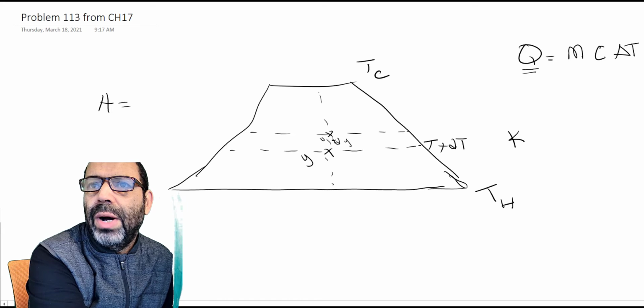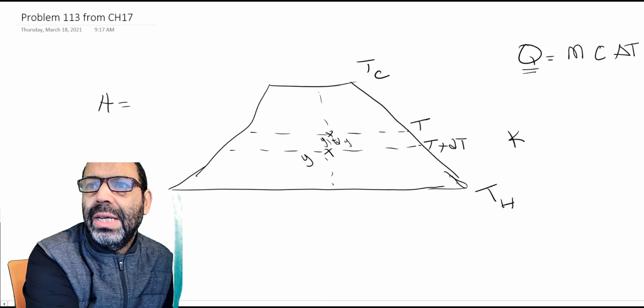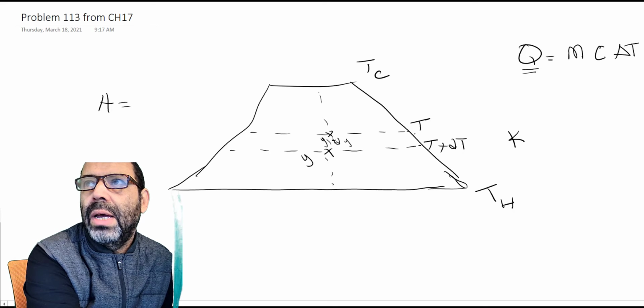Basically this is y plus dy, the next point. The temperature is definitely going down from T hot to T cold. Normally we take y to be at T and the next point to be T plus dT, but if we do that, we have to make sure that dT is actually negative. That's the only thing, and usually we like to write the positive in here. So this is basically how the problem is set up.